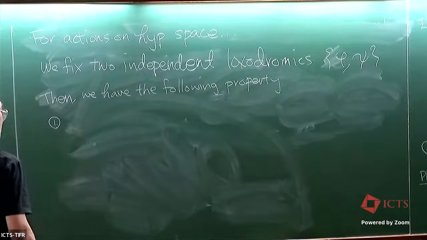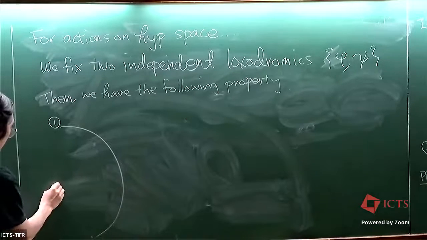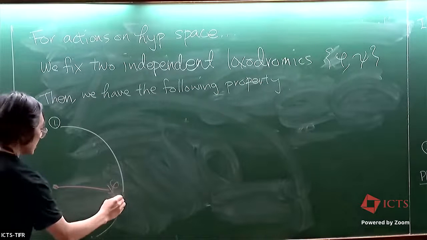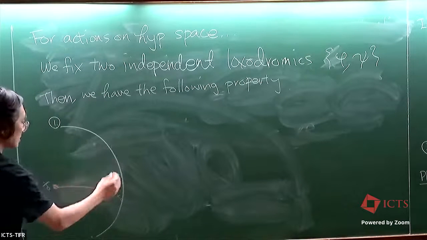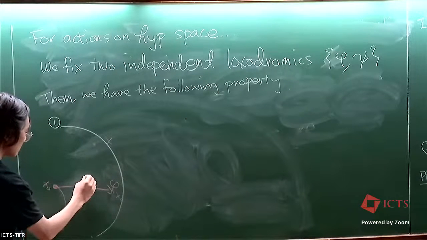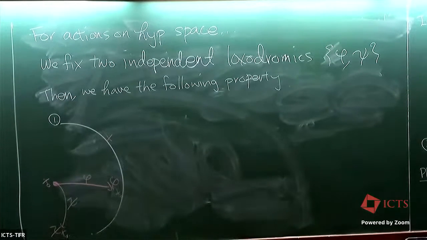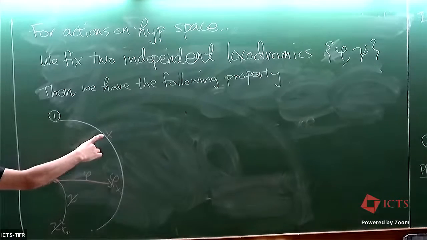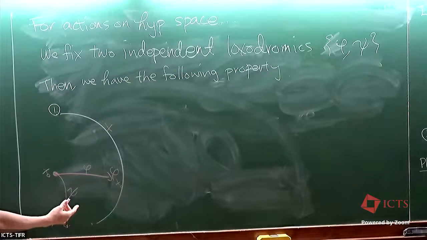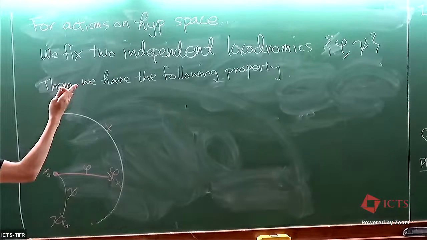First, a picture. Phi is sending the base point in X to some direction, and psi is sending it to some other part. And if you draw a geodesic from x0 to any direction, that direction cannot fellow travel both progresses. That's almost the definition of independence of the directions in that type of space.